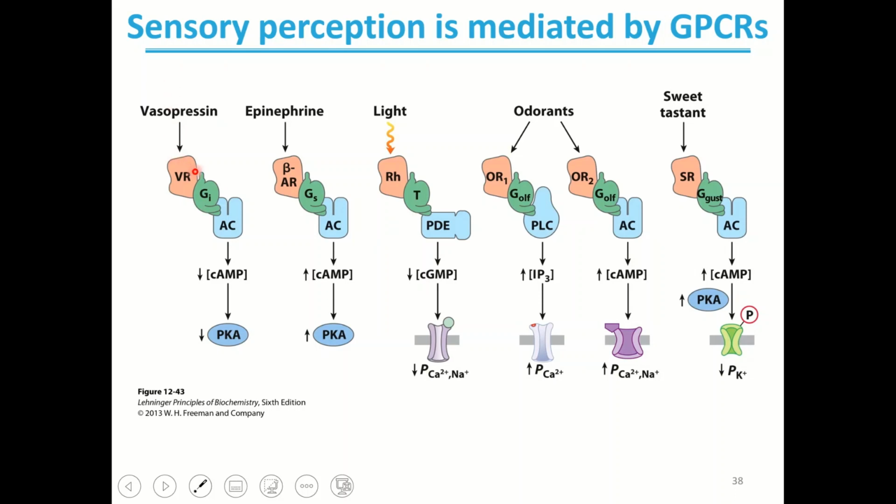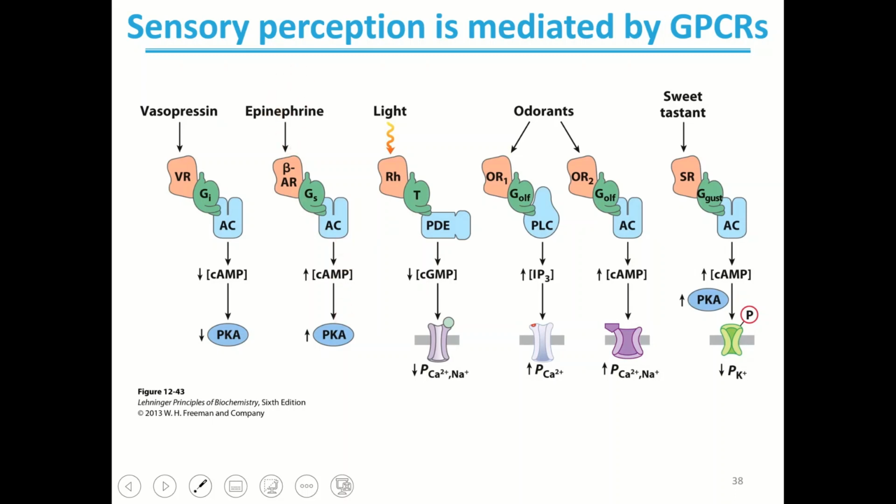So when vasopressin binds to its receptor, the inhibitory G alpha subunit is then liberated, and it goes and turns off adenylyl cyclase. Okay, and what that does is it lowers the concentration of cyclic AMP, and it inactivates, in a sense, PKA. Okay, right?